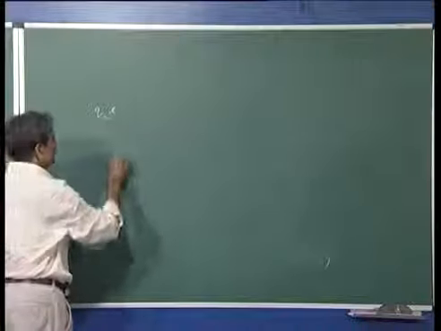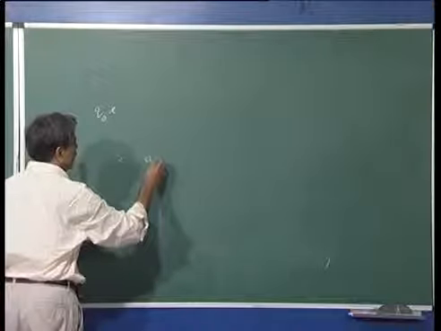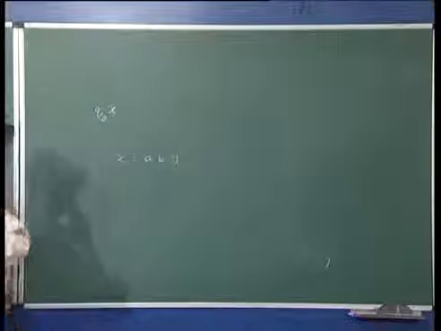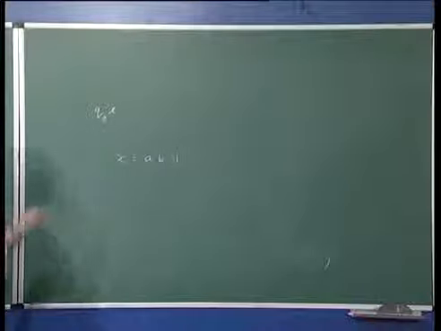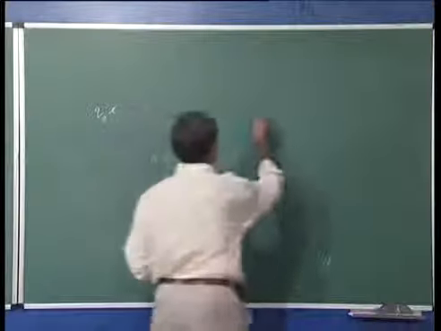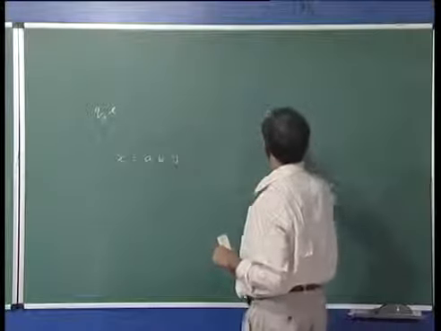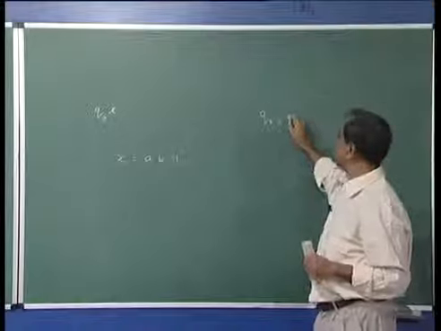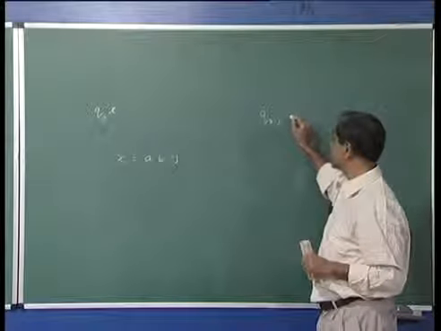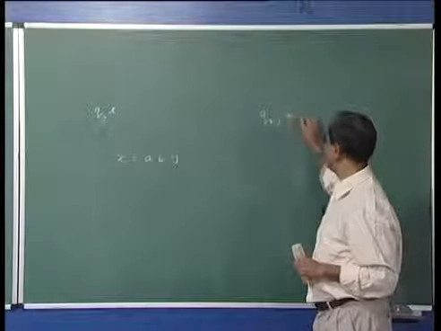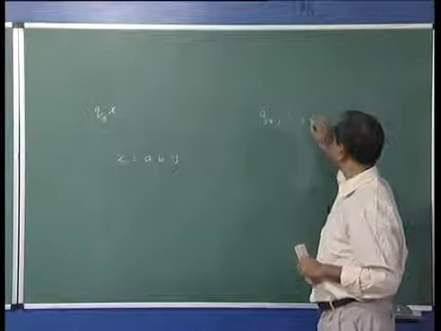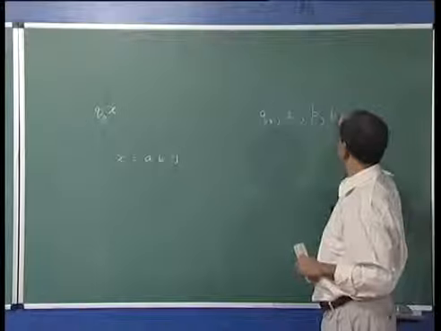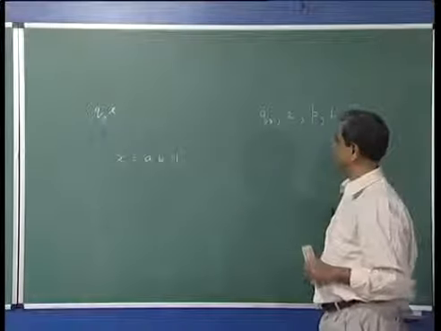Now, let us elaborate it a little bit. So, let us say x is A, B, some y, and suppose our Turing machine is such that in Q0, if the symbol which is being scanned is A, then it goes to the state P, writing B and moves to the right.